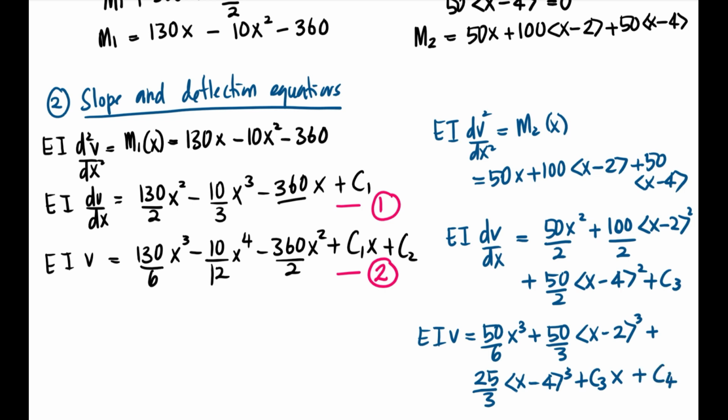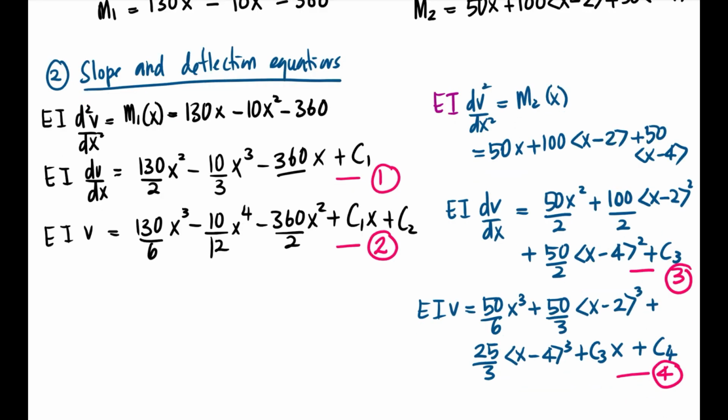So this equation is equation number 3, then this one is equation number 4. Next we need to solve the unknowns C1, C2, C3 and C4.